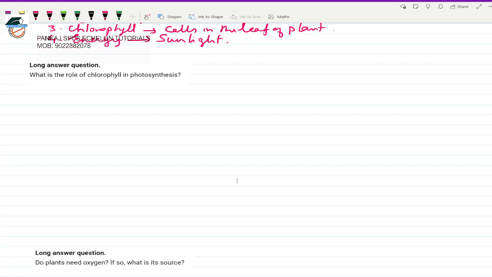Next question says, it's a long question. What is the role of chlorophyll in photosynthesis? Okay, now answer is very straightforward. Chlorophyll is very important in the photosynthesis process, and the reason is this particular pigment. I'll start with the answer.